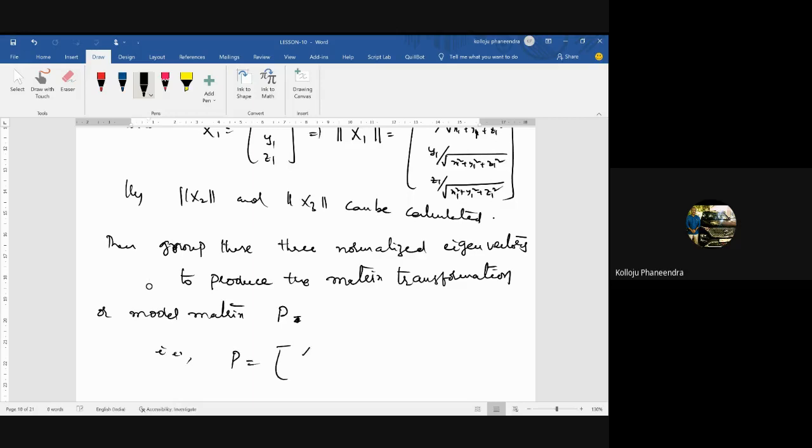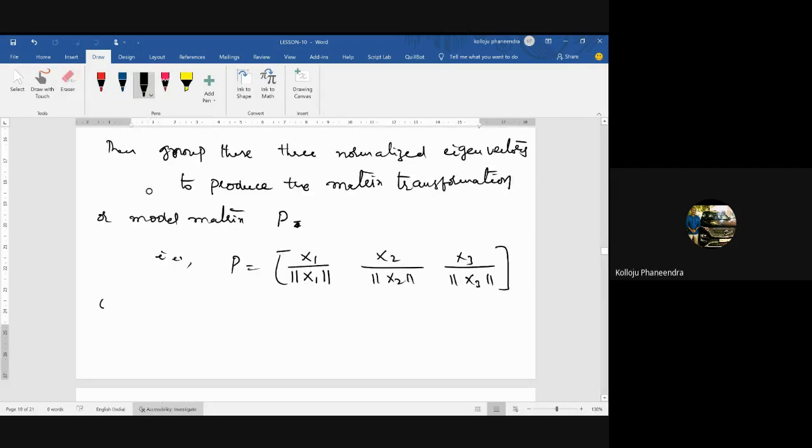I have to consider normalized x1, next x2 by norm x2, x3 by norm x3. This is the matrix, which is called, from now onwards, the normalized model matrix.